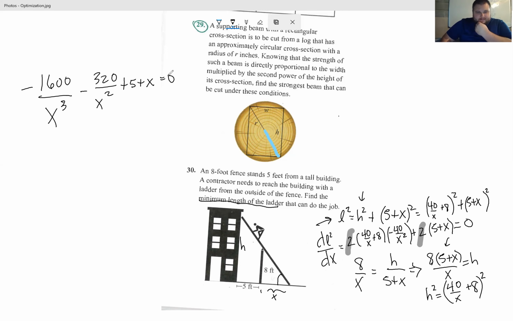That's awfully ugly, isn't it? I wonder if I multiply by x cubed, if that'll work. Let me see.